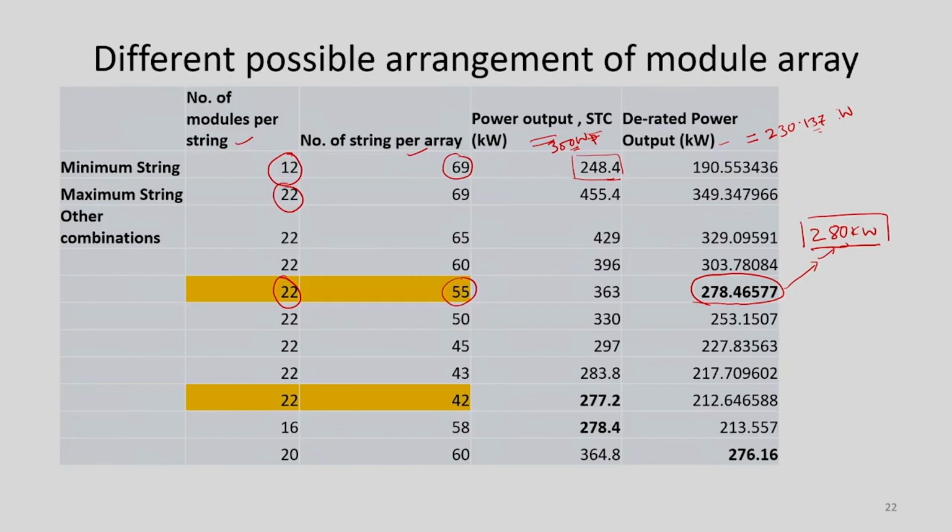Or we can think of another case, if we do not consider the rated power, something like 22 modules per string and 42 strings per array. Under that condition we will get a power output close to 277.20, which is also close to 280 kilowatt.